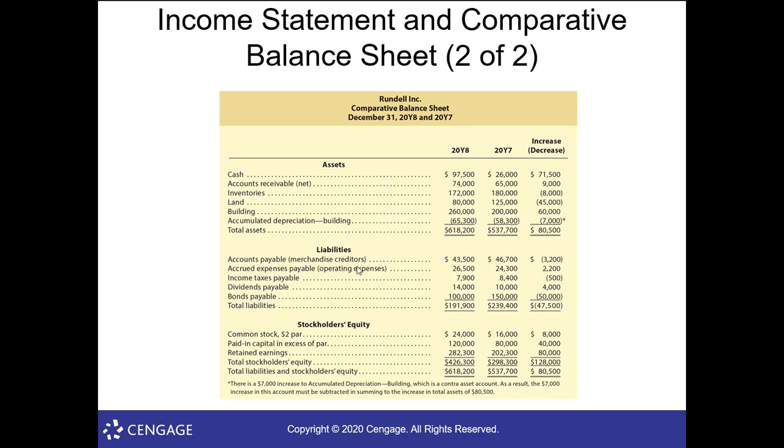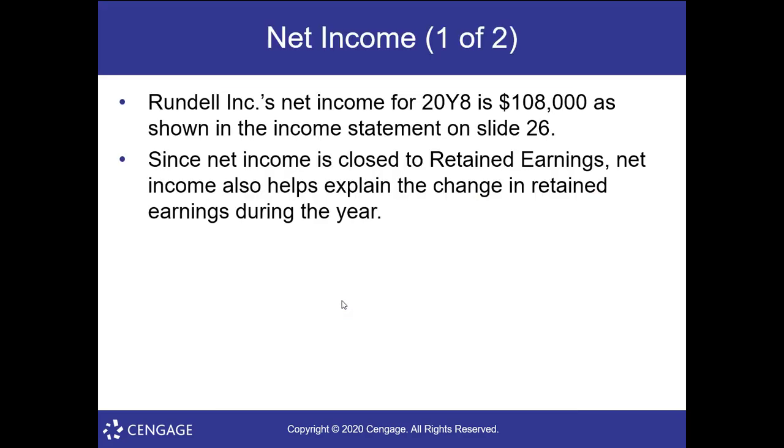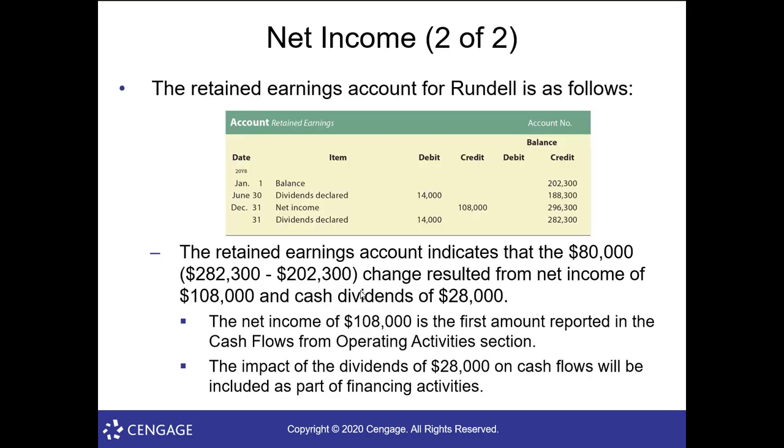And then accounts payable for merchandising and operating expenses and income taxes payable, all of those three are also going to be operating in nature. Then we go to the dividends. Here's the 108 for net income.